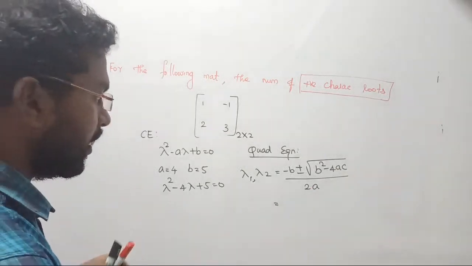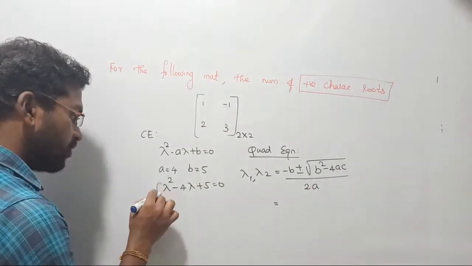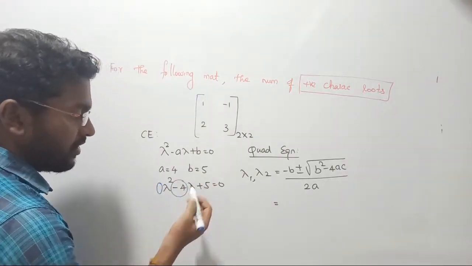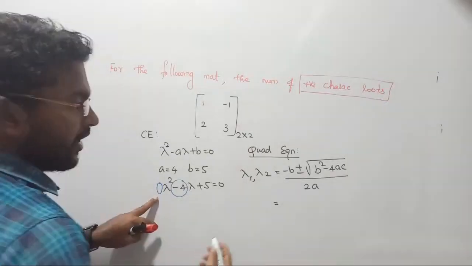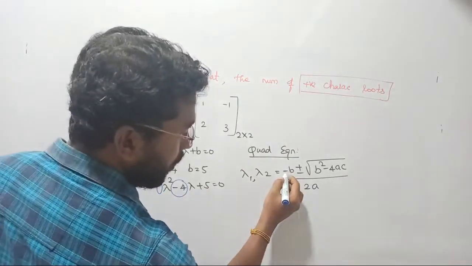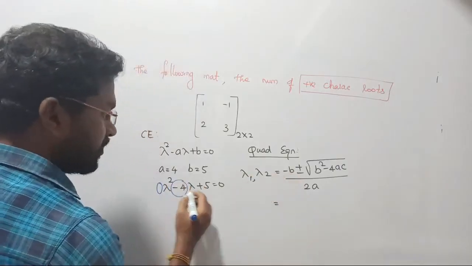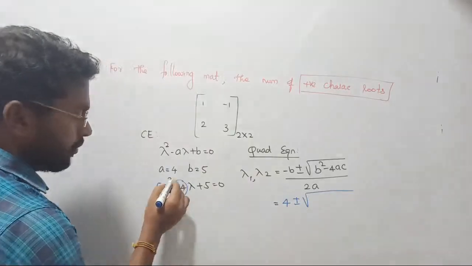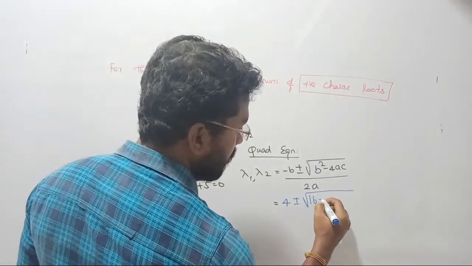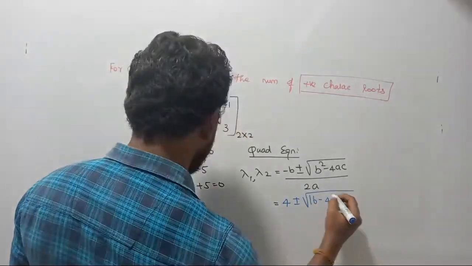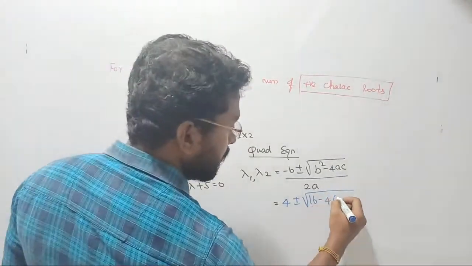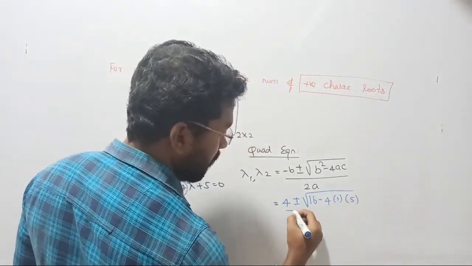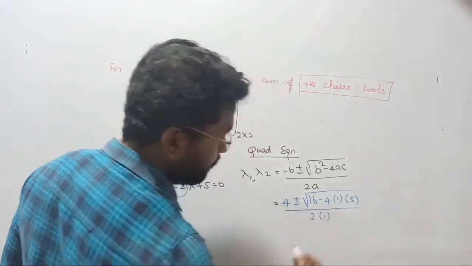Now what is a here? The coefficient of lambda square is a, the coefficient of lambda is b, and the constant is c. Let us substitute. b is minus 4, and minus of minus b becomes plus 4, plus or minus under root of b square, that is minus 4 whole square, which is 16, minus 4 times a times c. a is 1 and c is 5, and the denominator is twice of 1.